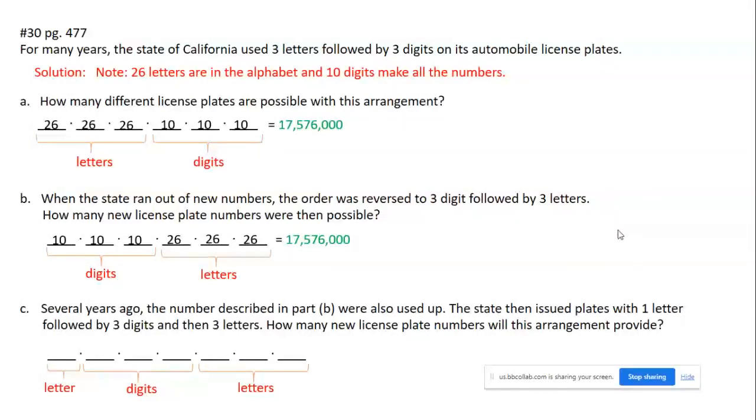Okay, so again, if we do this, there's 26 for the letter, 10 for the digits, and then the letters again. So then this gives us a total of 456,976,000, right? So again, we improved, and then they've also changed it now where the first 2 are letters, but we're going to get into that.